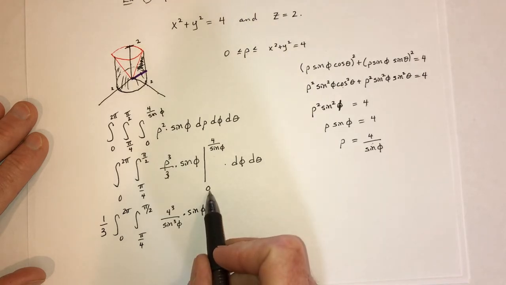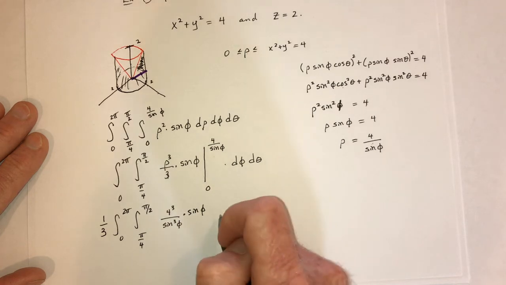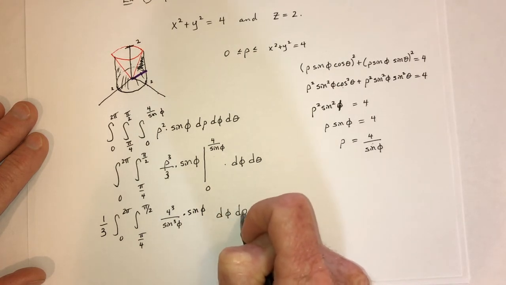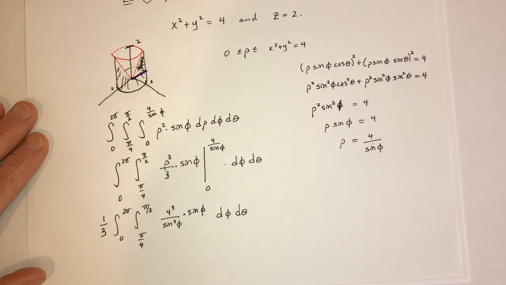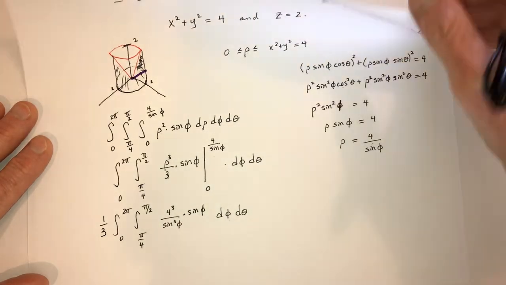And then when you substitute 0, that would mean subtract 0. And then we would have the d phi and the d theta. So one of these sines is going to get canceled and it's just going to leave 4 cubed over sine squared.